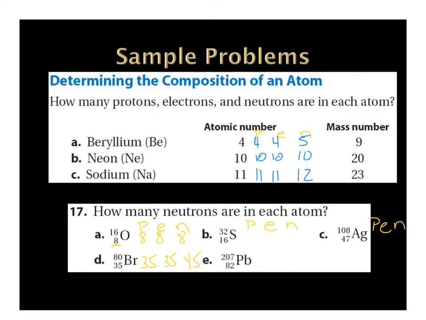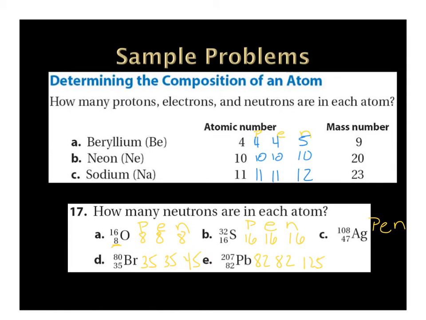For lead, we have 82 protons, 82 electrons. Then for the neutron count, we do 207 minus 82 to give 125. For sulfur, we have 16 protons, 16 electrons, and then 32 minus 16 to get 16 neutrons.